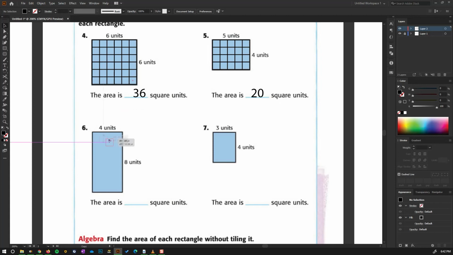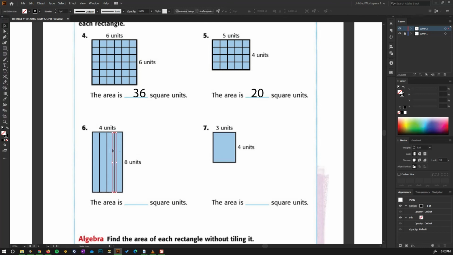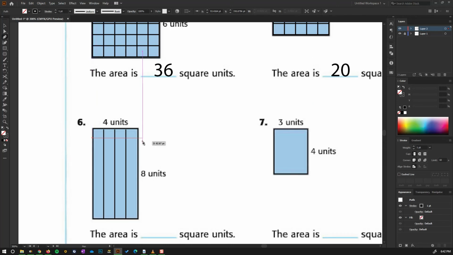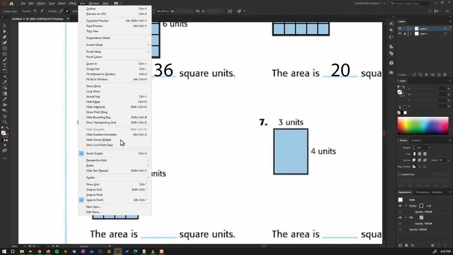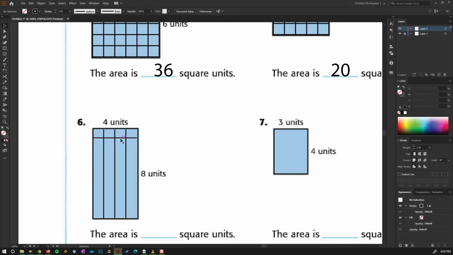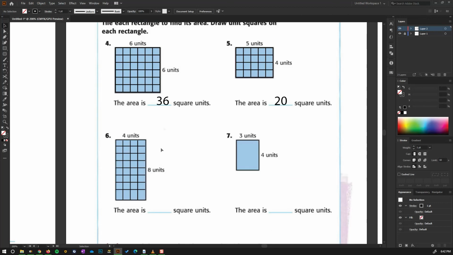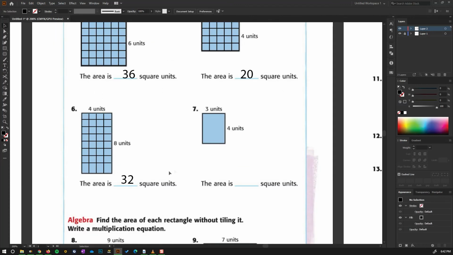Alright, and same thing, what you would do in your book is draw 4 lines this way, or 3 lines to make 4 rows, and then draw 7 lines here to split this into 8. 2, 3, 4, 5, 6, 7, and it's not perfect, but that gives us the result of 4 times 8, giving us 32 square units.